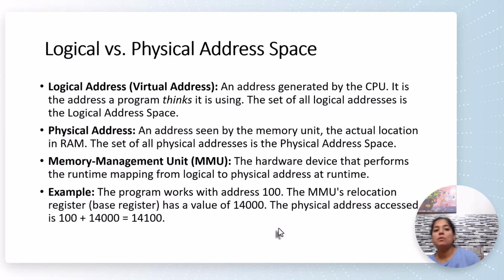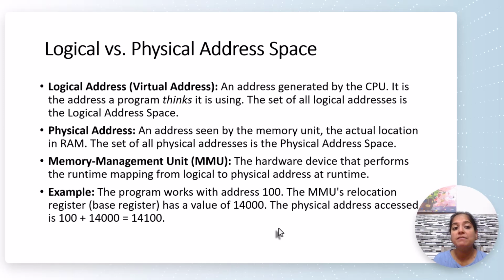Now, what is the logical address space and physical address space? Logical addresses are generated by the CPU. It is the address that the program thinks it is using, basically the address in the RAM which the program thinks it is using. The set of all the logical addresses is called the logical address space.